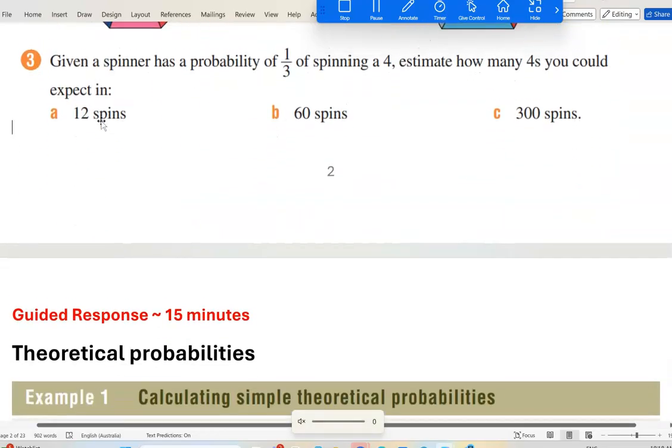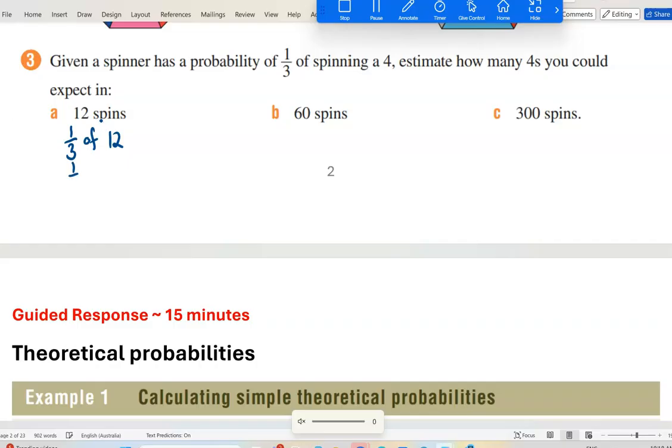Now, given a spinner has a probability of 1 out of 3 of spinning a 4, estimate how many 4s you could expect in 12 spins. So, if every time you spin it, you've got a third of a chance of getting a 4, so a third of 12 spins. In maths, the word of actually means multiplication.